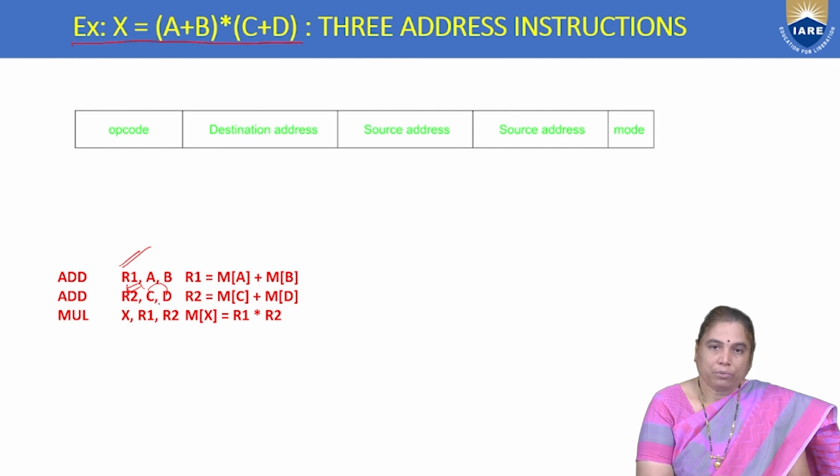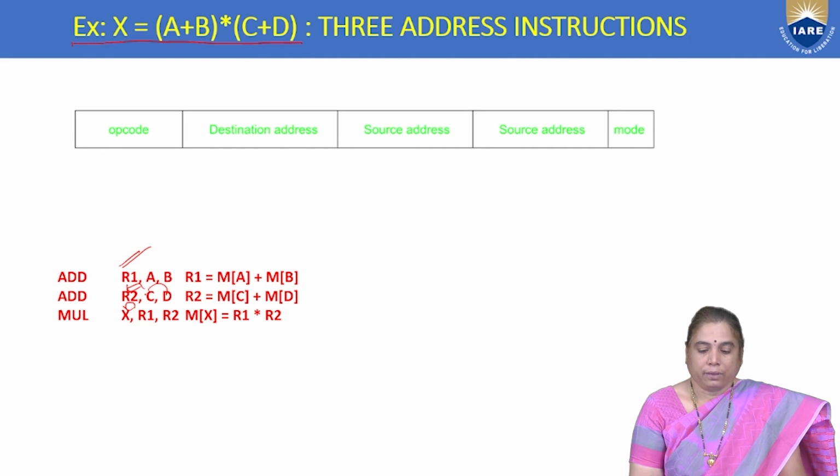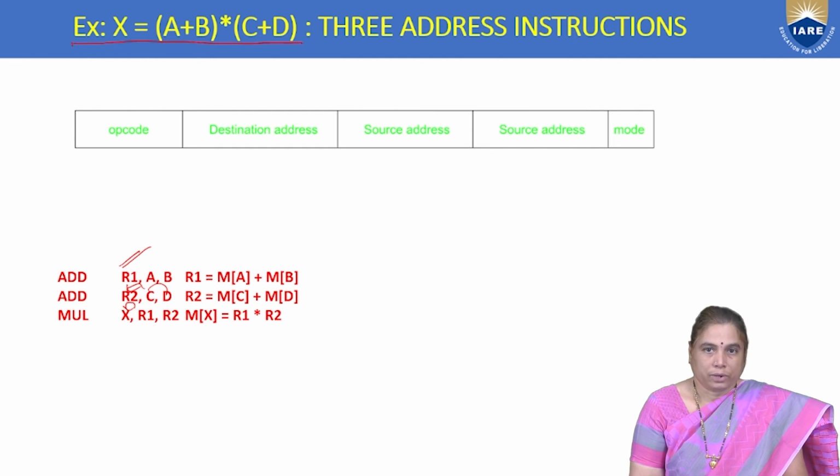The R1 value and R2 value are multiplied and the result is stored in X. Now you can notice that the length of the lines of code can be greatly reduced with the help of three address instructions. Next we have to discuss the comparison between various instruction formats by taking an example.